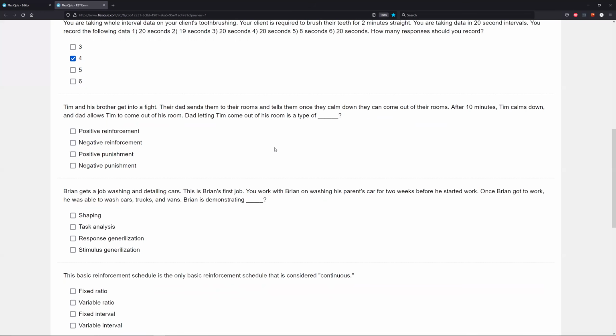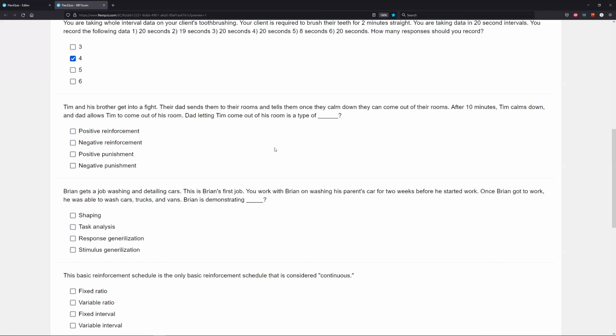Well, what is Tim doing? Tim is escaping his room. Dad is removing this punishment, or removing this timeout. He's allowing Tim to come out of his room in response to Tim calming down. So we're trying to increase Tim's behavior of calm.